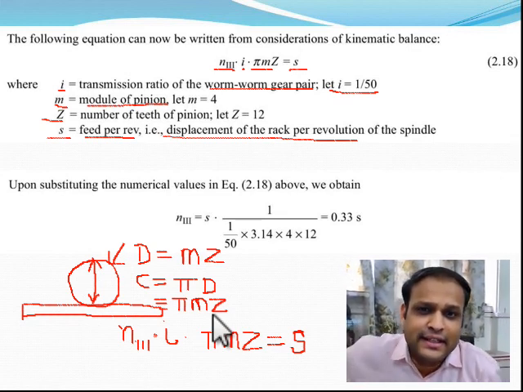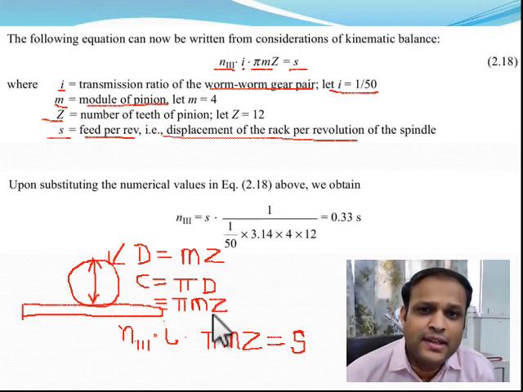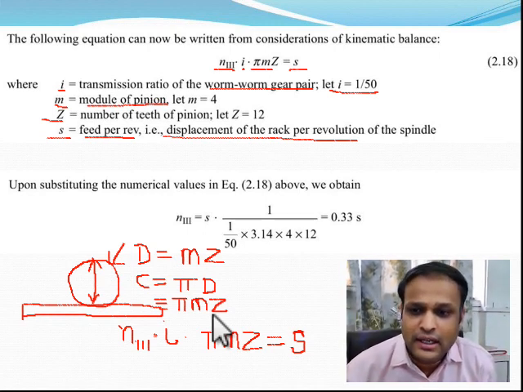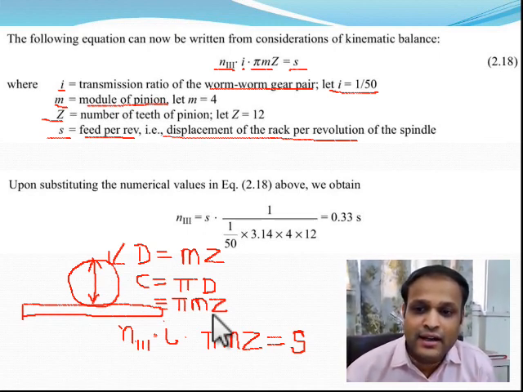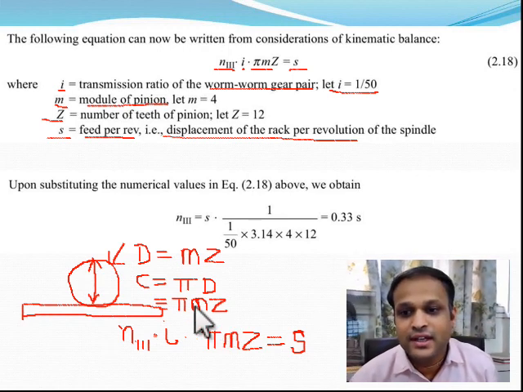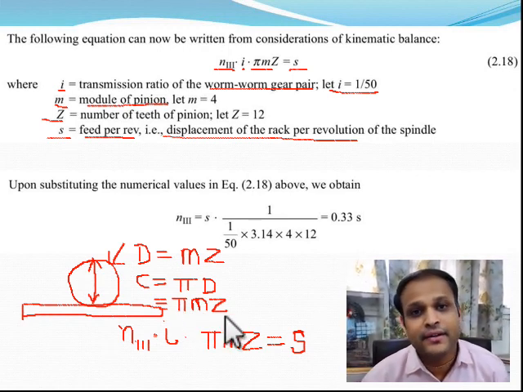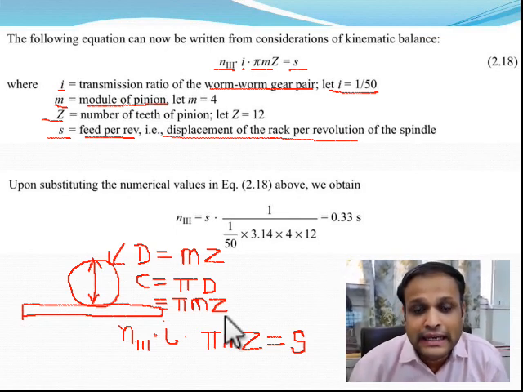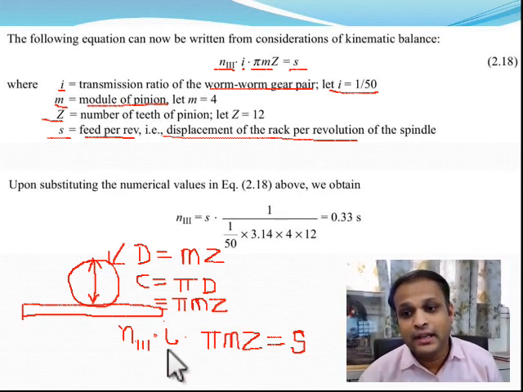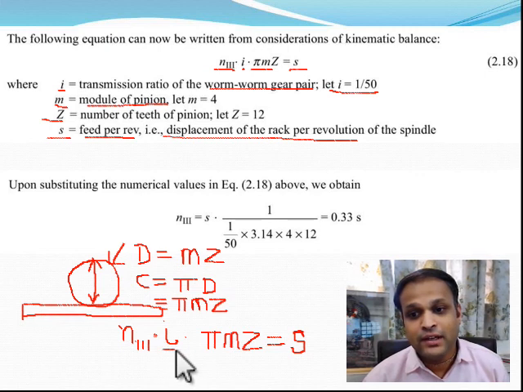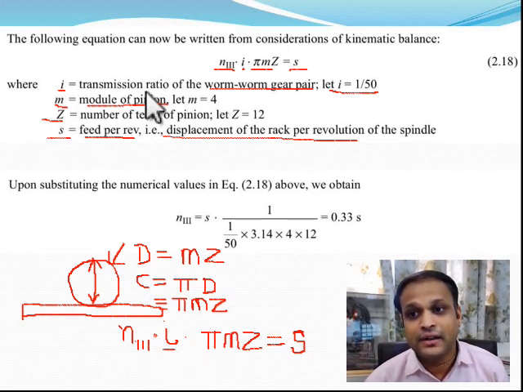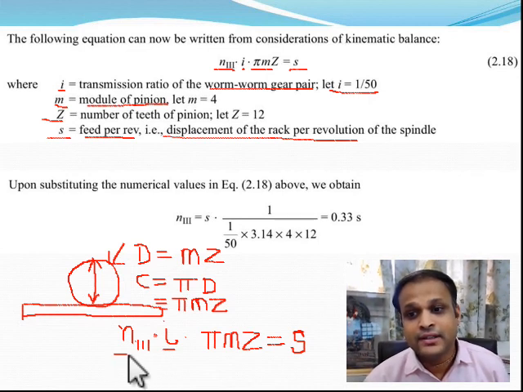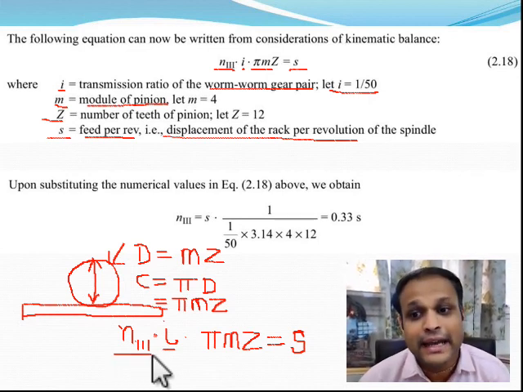So what is the significance of this? It basically means that if the pinion rotates one complete circle, then the rack would move a distance equal to pi mz. But the movement and the rotation of the pinion is governed by the worm and the worm wheel, and its transmission ratio is given by I, and it is multiplied by N3.